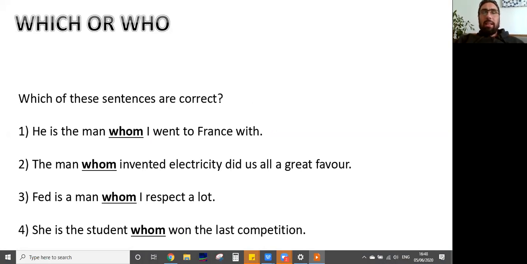So let's quickly take a look at these four sentences and tell me which of the four sentences are correct. So which of these four sentences are correct? Someone is saying 1 and 3. Anyone else? One and 3.